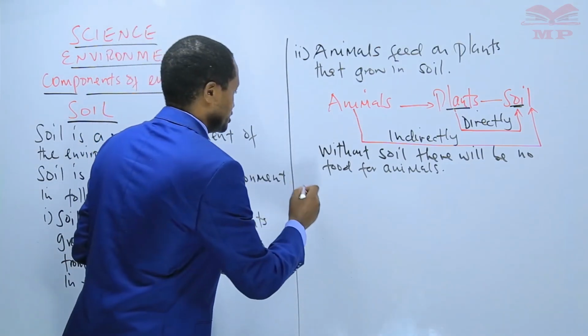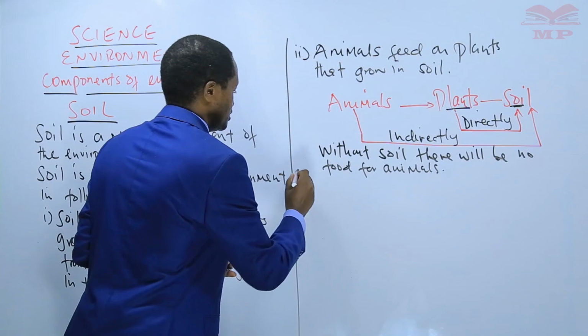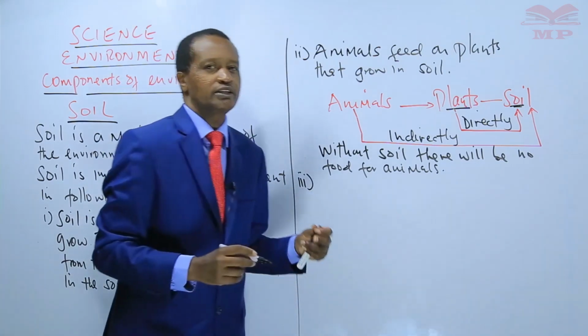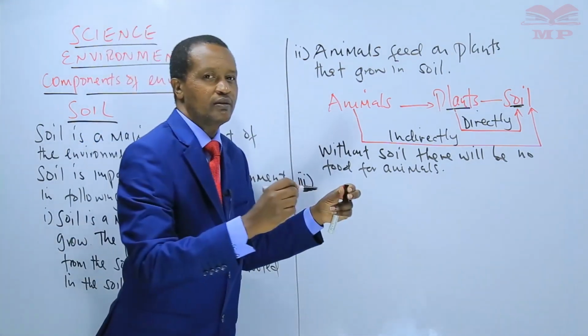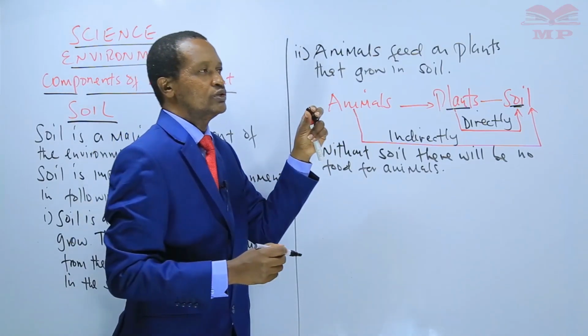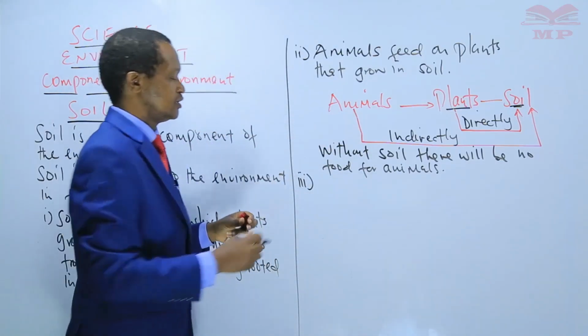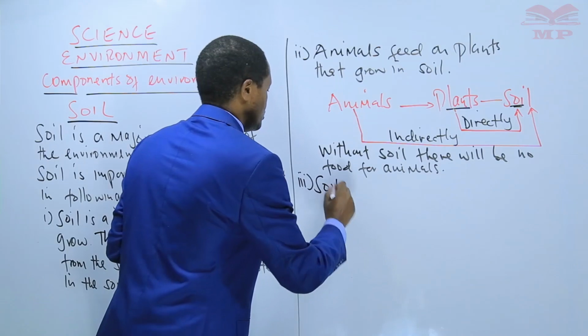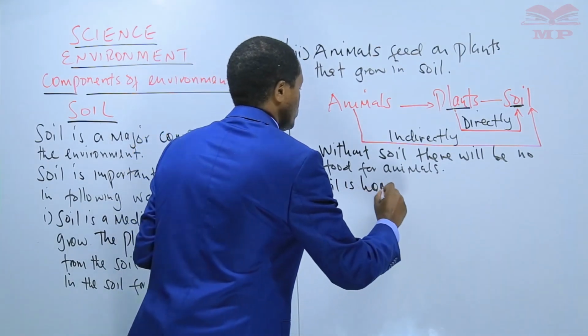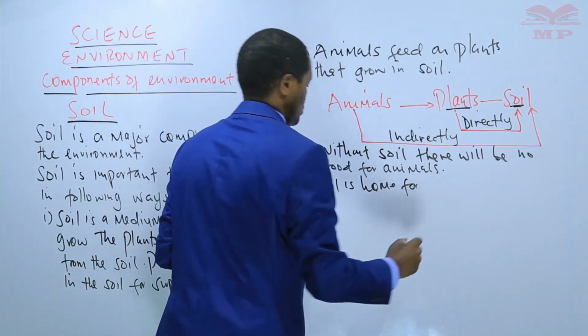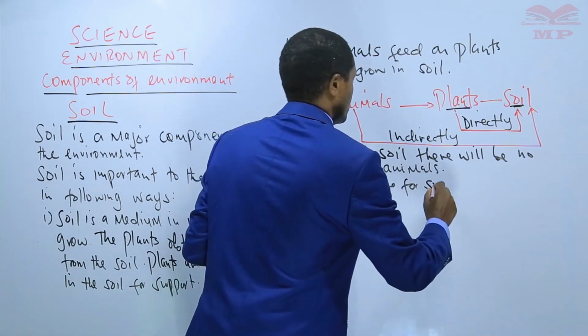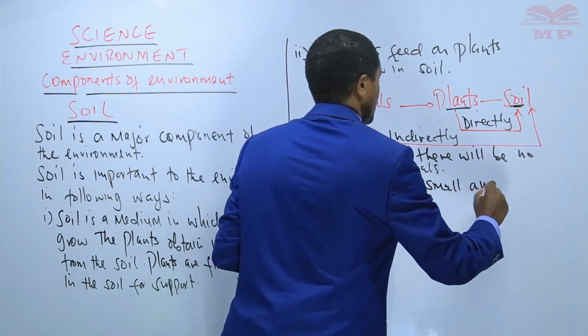Then the third point, learners, is that soil is home for small animals.